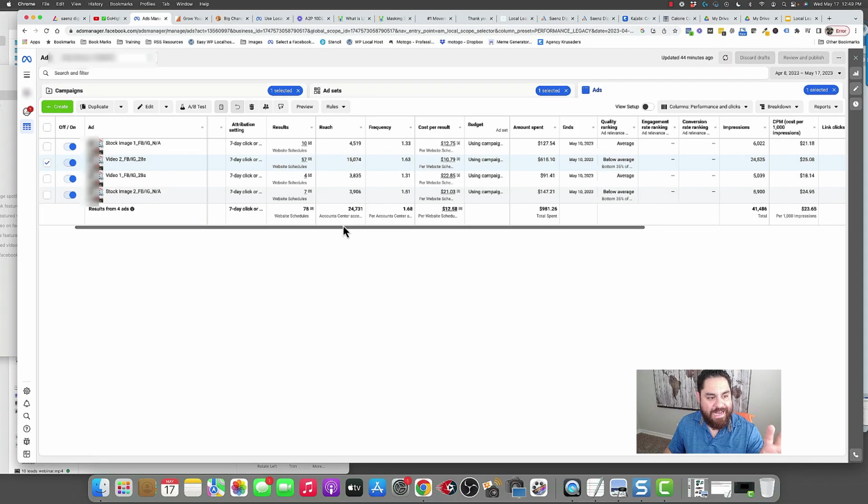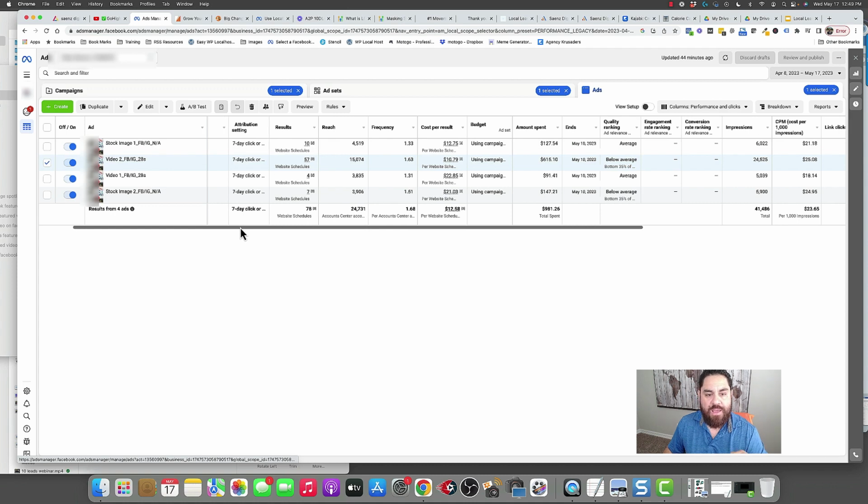So what you're looking at here on this screen are 4 ads. 1, 2, 3, 4. Now, the total amount of leads that these ads have generated is 78 leads at about $12.58 per lead. Each one of these ads is at KPI, which means that they are performing at KPI or better.